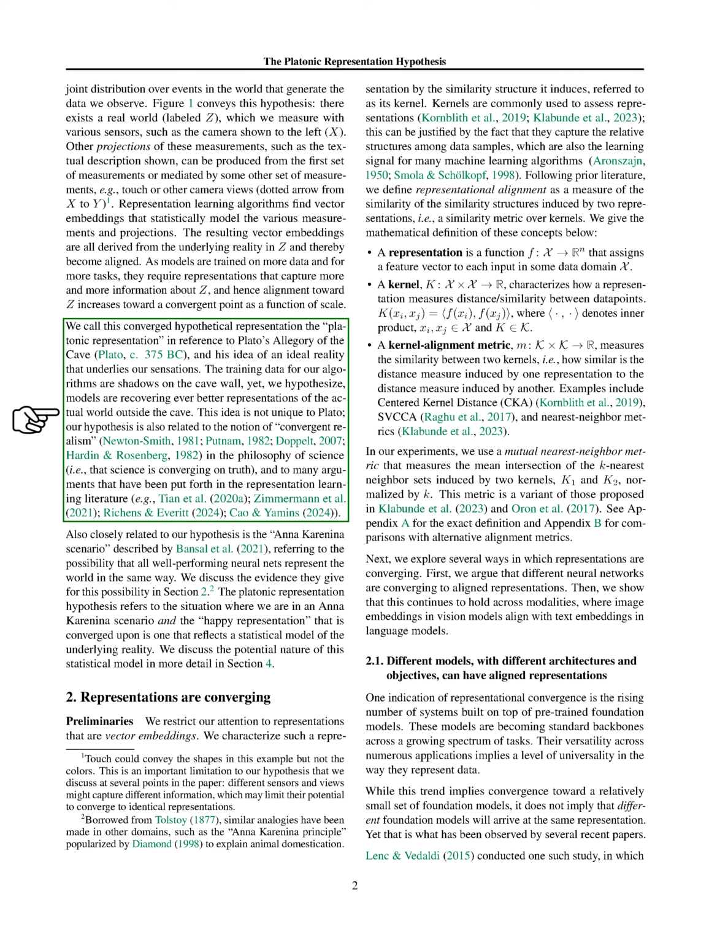This idea is akin to Plato's allegory of the cave, suggesting that models are moving towards a better understanding of the actual world. We examine representations as vector embeddings and define representational alignment based on the similarity structures induced by these embeddings. Kernels, which measure distance, similarity between data points, are used to assess representations.